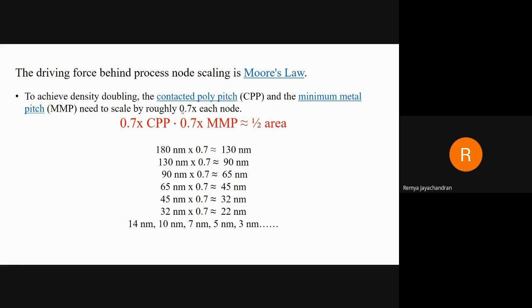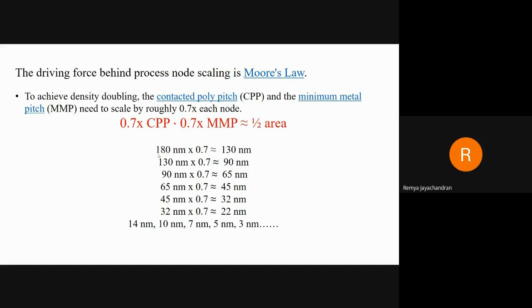We have to scale down these two by 70%. That results in a 50% reduction in the area of the transistor. That means in a single unit area, the transistor density can be doubled.